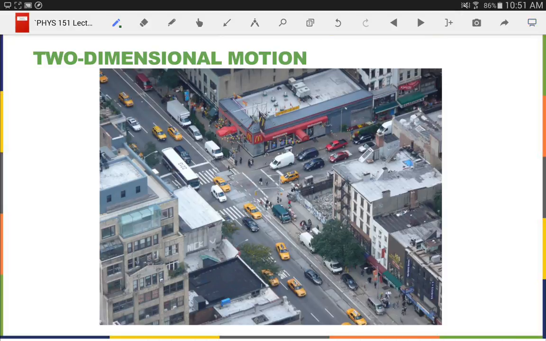And for this problem, there are 2 dimensions that are on the horizontal plane. Now if I wanted to choose my dimensions, since the streets are laid out perpendicular to each other, I would probably choose to have 1 dimension going this way. Okay, that color does not have good contrast with this picture.